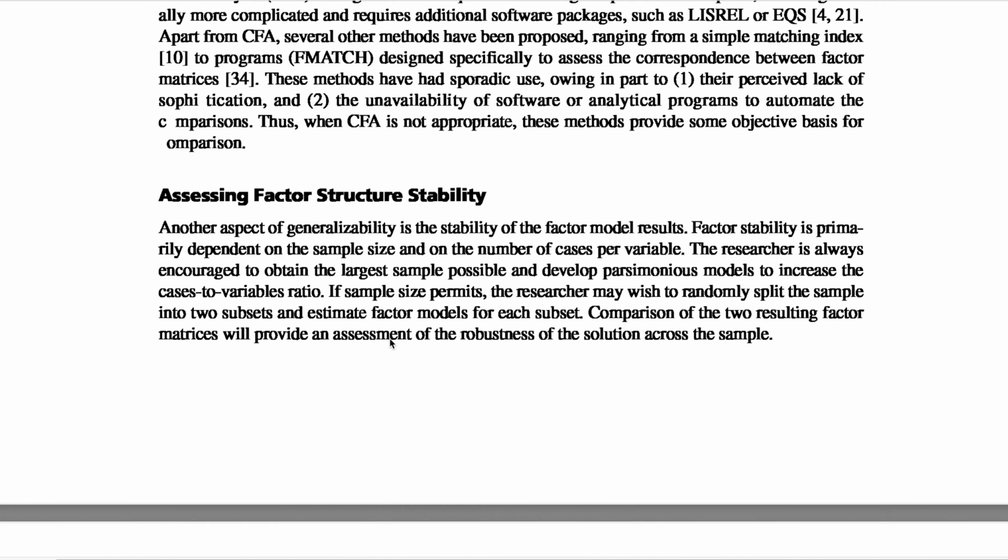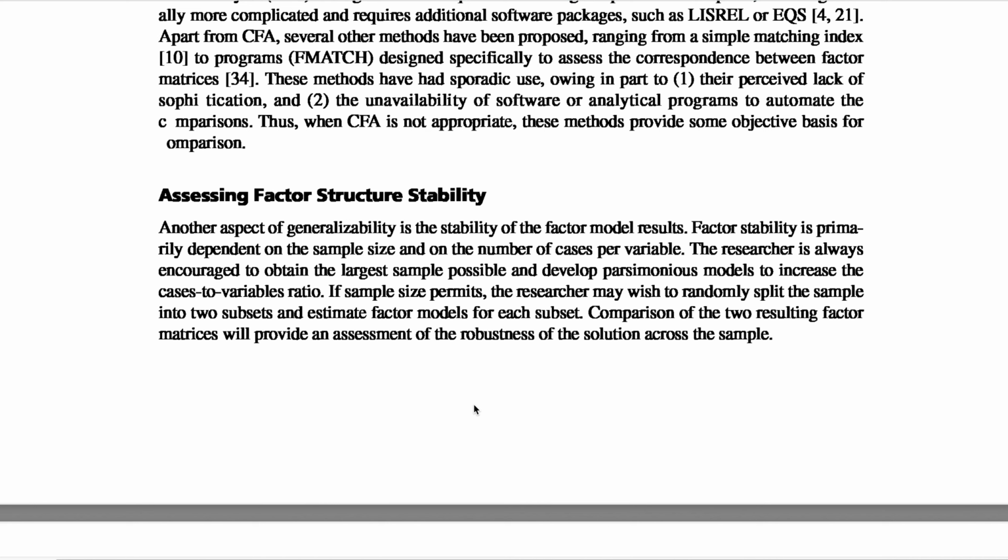Let's talk about assessing factor structure stability. Another aspect of generalizability is the stability of the factor model's results. Factor stability primarily depends on the sample size and on the number of cases per variable. The researcher is always encouraged to obtain the largest sample possible and develop parsimonious models to increase the case to variable ratio.